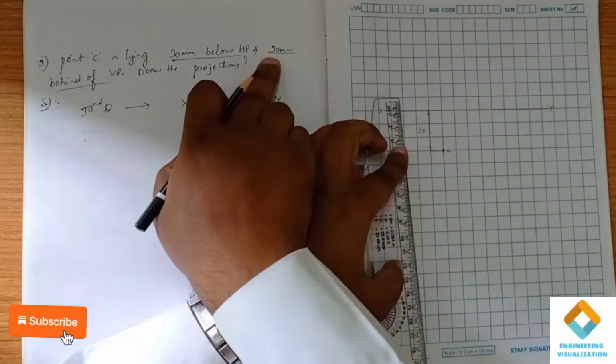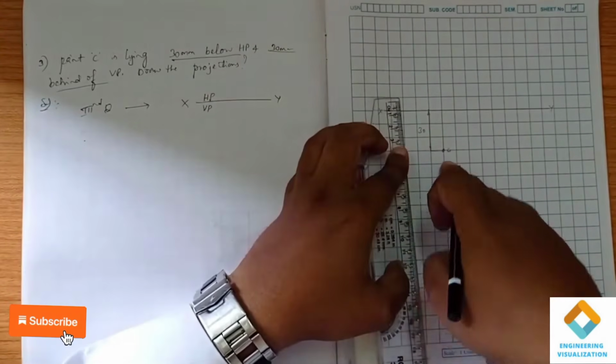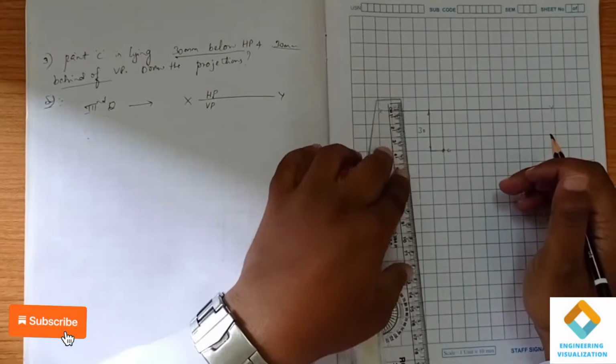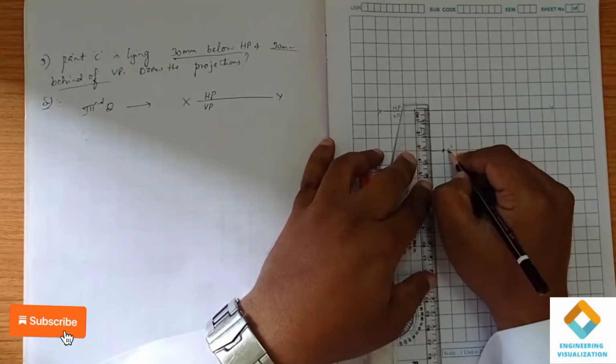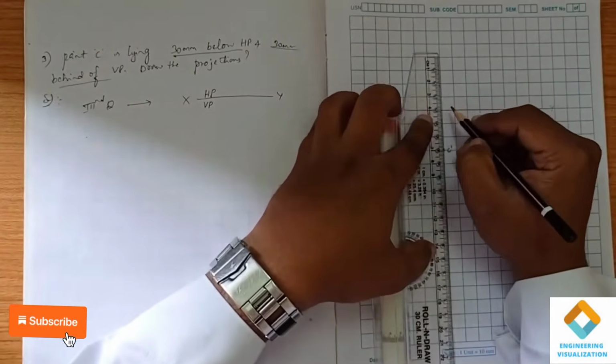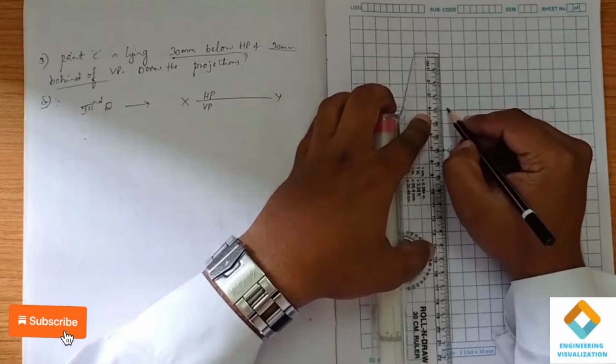Okay, now similarly we have done the top view. Now we write 30 mm behind of VP. Behind of VP means it is top view, correct? So again a 30 mm line. We know the top view will be drawn in the horizontal plane.